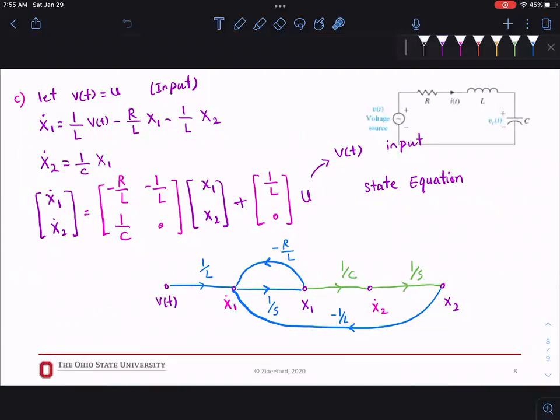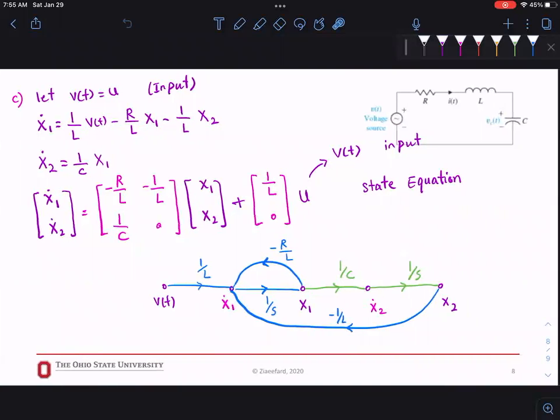Whenever we have a differential equation, when drawing the flow diagram, if I have x1 and I know there is an x dot 1, there needs to be an integral action between x dot 1 and x1. So I put another node x dot 1, and 1 over s is the integral action. Same thing, I have x2 and x dot 2, so one node and one integral action.